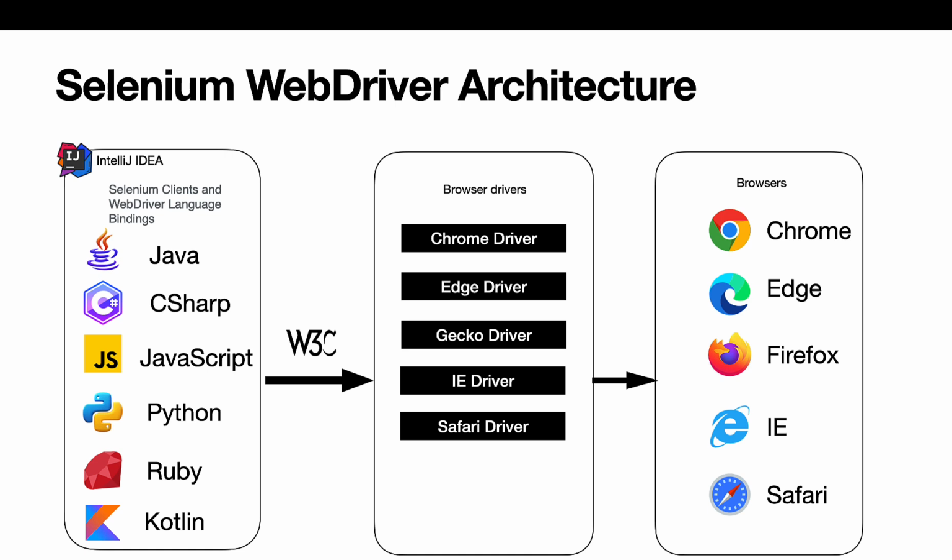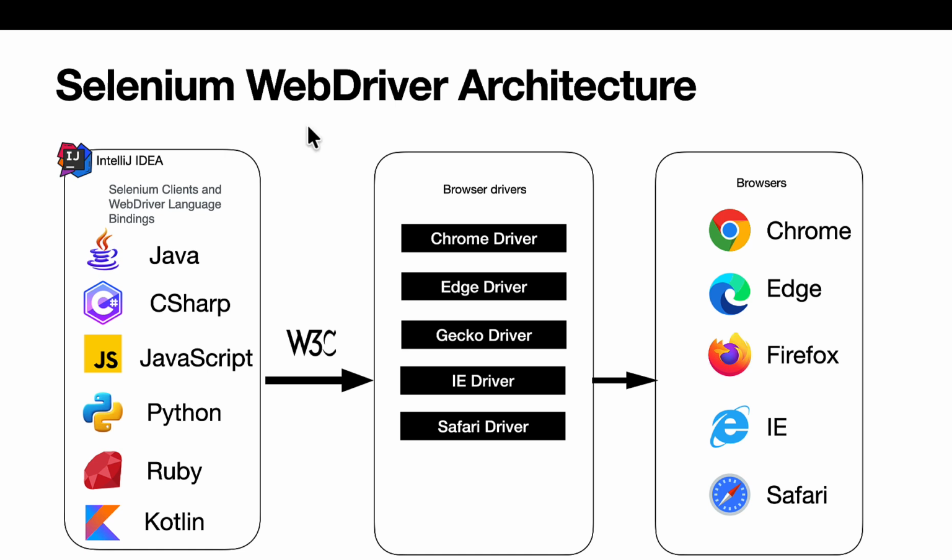Selenium WebDriver can mimic user interactions. Let's say you're logging into some application like Amazon, adding some product to cart, making the payment, and your order is successful. To automate this, Selenium WebDriver can help.